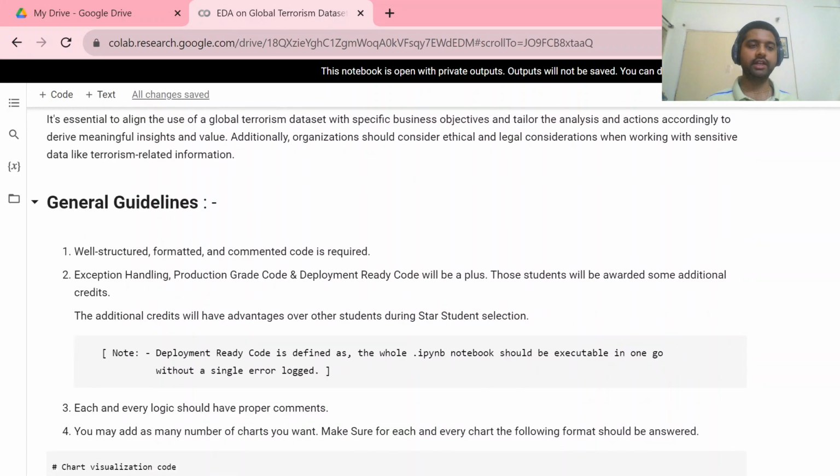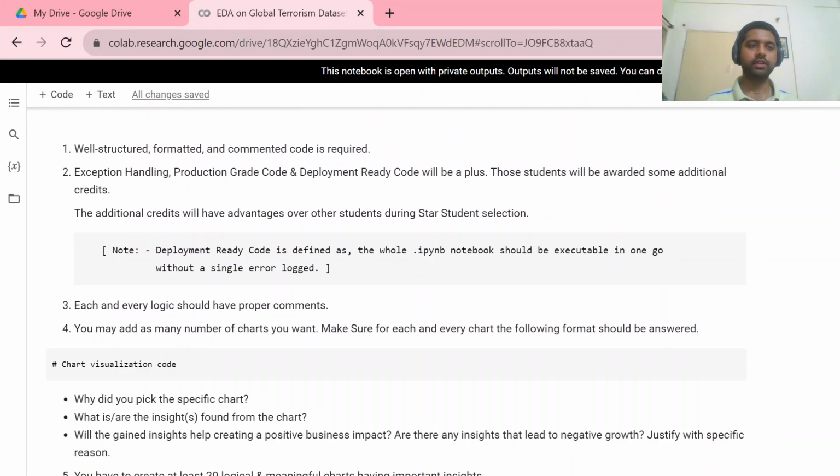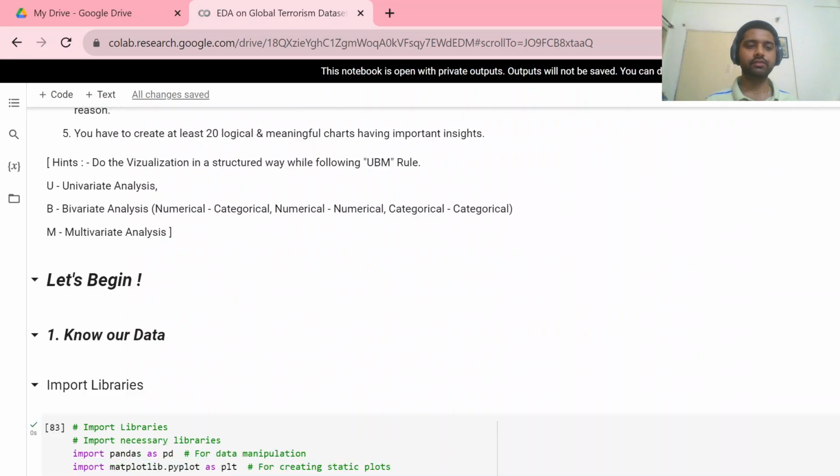These are the general guidelines, where we can see that our project is well structured, formatted, with competent code, which we had done and which we will see further.